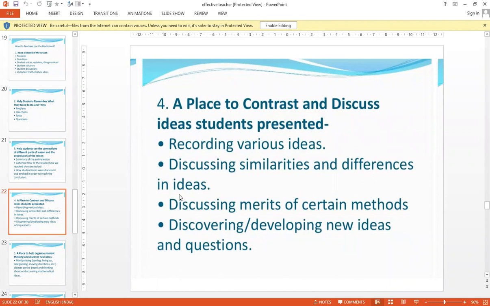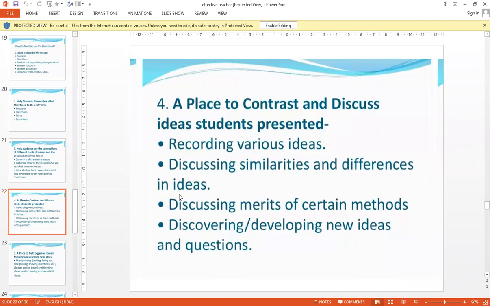Recording various ideas, we make use of the board to record various ideas, to discuss similarities and differences in ideas, discussing merits of certain methods, discovering or developing new ideas and questions. So in short, effective teachers also demonstrate a deep understanding of the curriculum. So we have to make use of all these things.